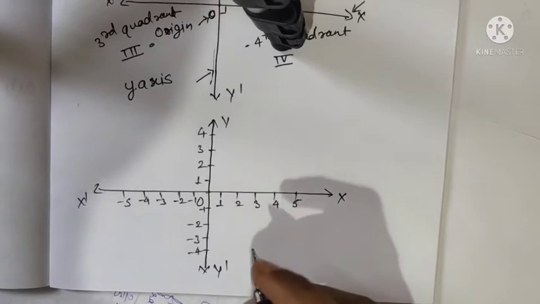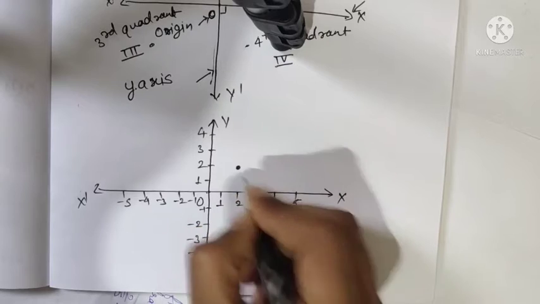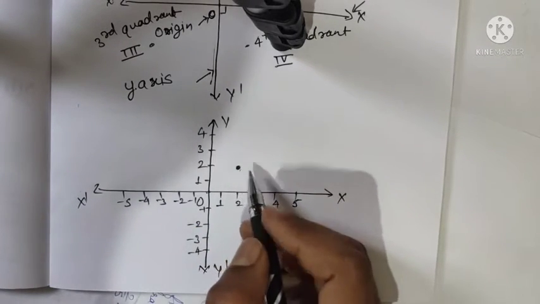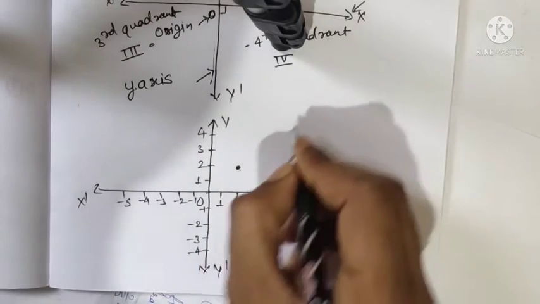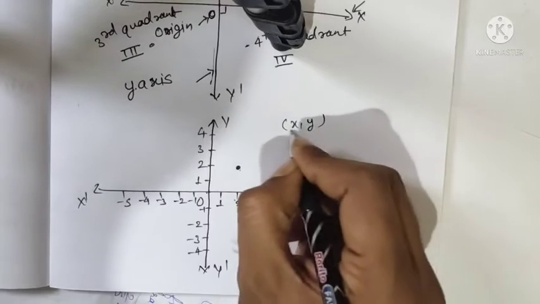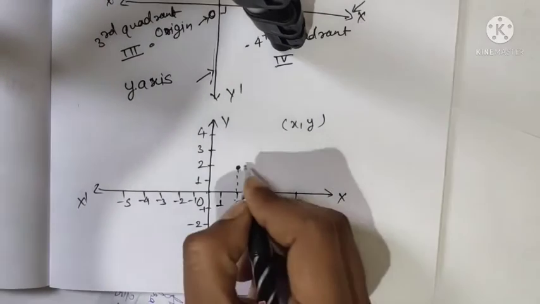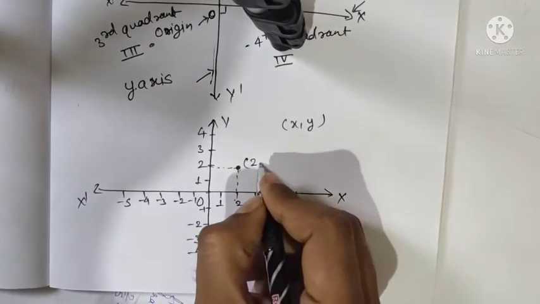Simple. So let us consider that we want to know the location of this point. Then the location of this point can be denoted by the value of x and then y in the form of (x, y). These are known as coordinates. So the value of x for this point will be 2, and y will be 2 as well.